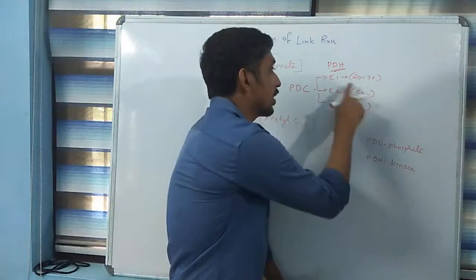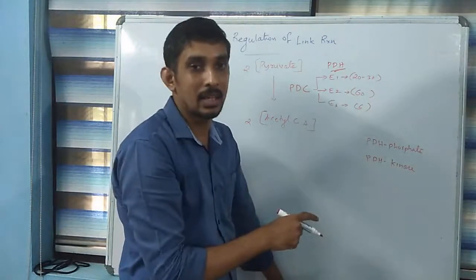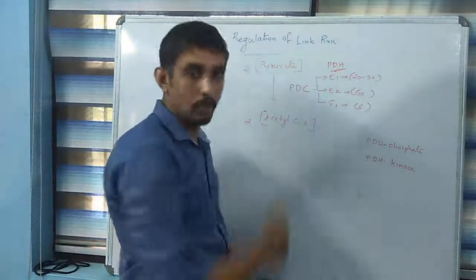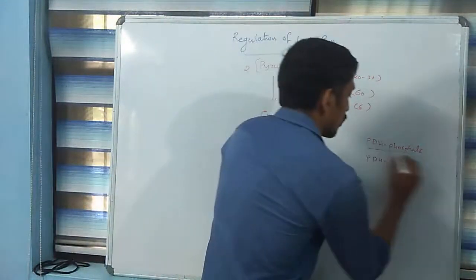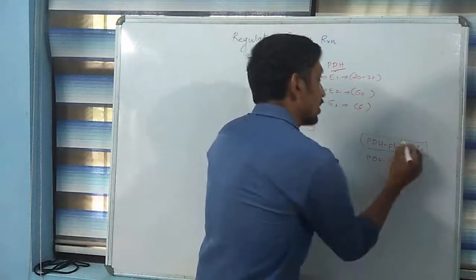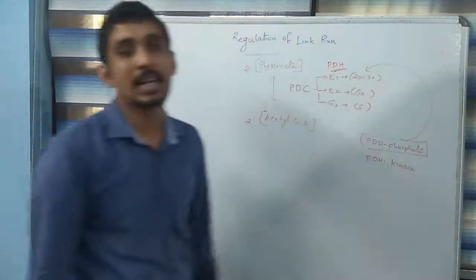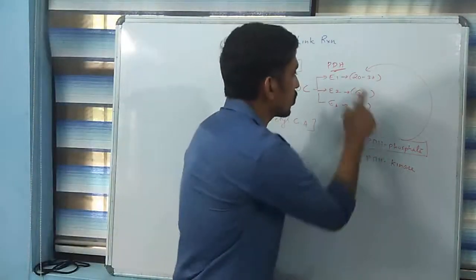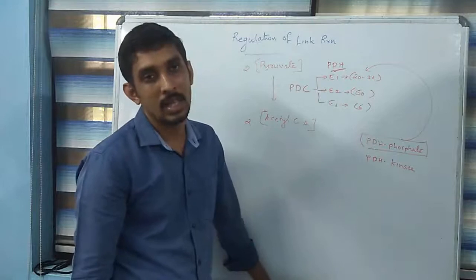If these enzymes regulate the first enzyme, then we can say that this enzyme can regulate the whole process. Here, the phosphatase enzyme dephosphorylates enzyme 1.